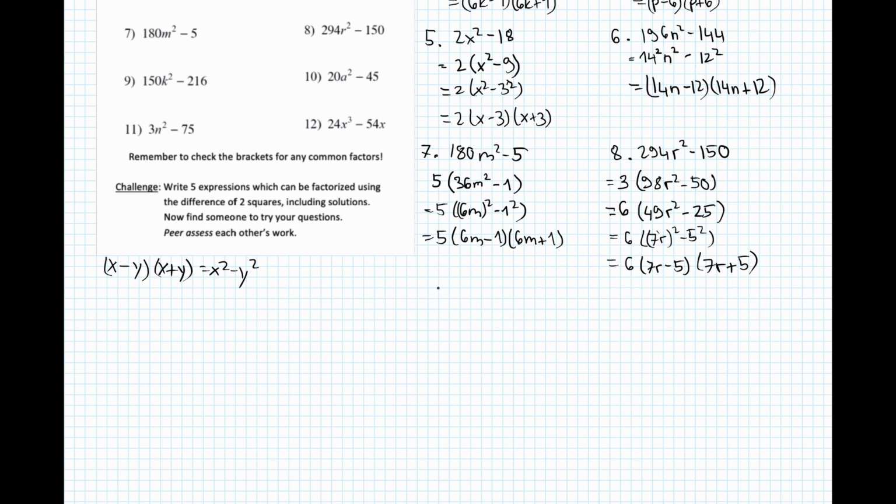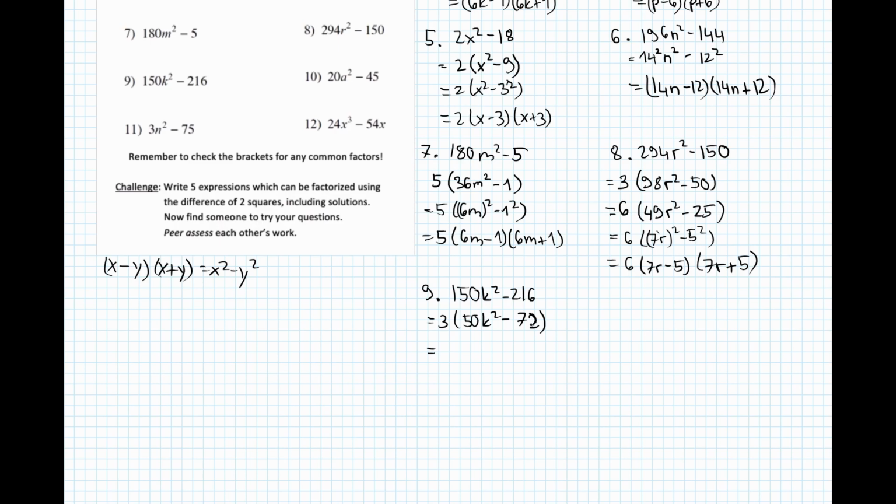Alright, just 4 more to go. Number 9, 150k squared minus 216. We'll do the same trick here. Try the 3 and the 2. So that's 3 times 50k squared. You can also use a calculator for this again. To calculate 216 divided by 3, it's not that easy doing it in your head.